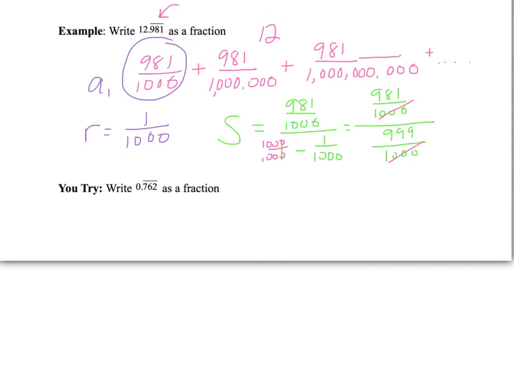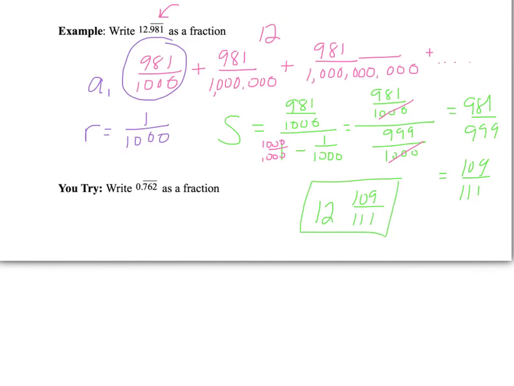So you're going to end up with 981 over 999, which reduces to 109 over 111. So that's the fraction representation of the repeating decimal, and the final number would be 12 and 109 111ths.